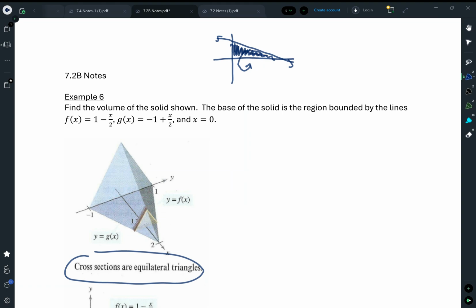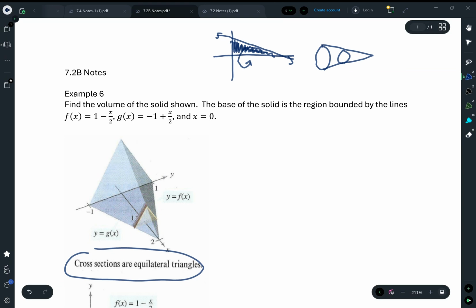So my cross sections were circles, right? When I revolve that around, I end up with some kind of cone shape, and all of my cross sections are circles. I'm going to have pi in my formula. So you can see from the picture below that that is not what we have at all.